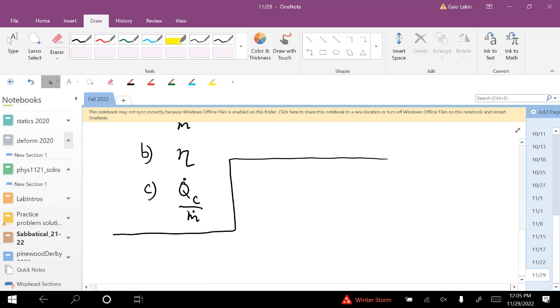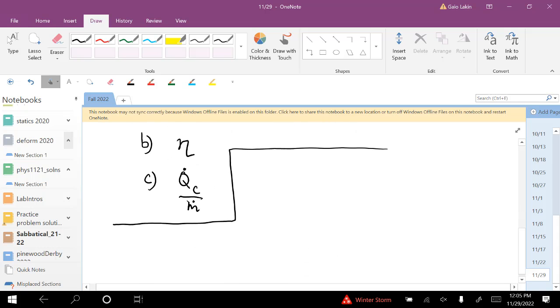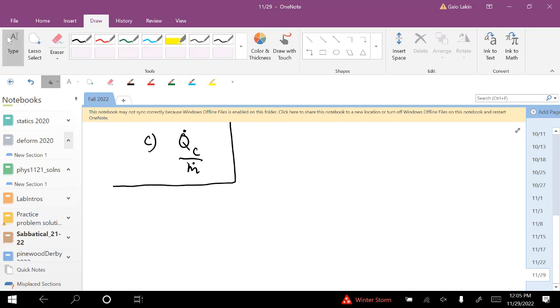One thing about these isentropic efficiencies is, so at the turbine, well, first let me say, this turbine isentropic efficiency and the pump isentropic efficiency are always less than, well, I guess they wouldn't be equal to 1 or you would just ignore it, but they're always less than 1.